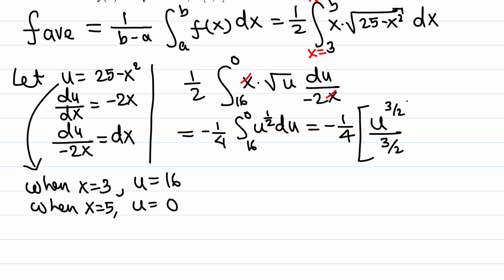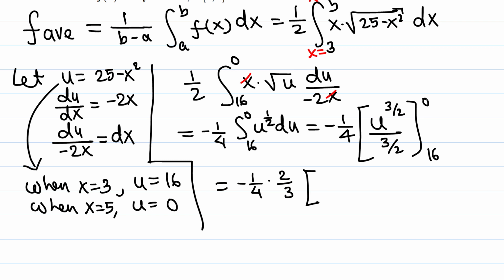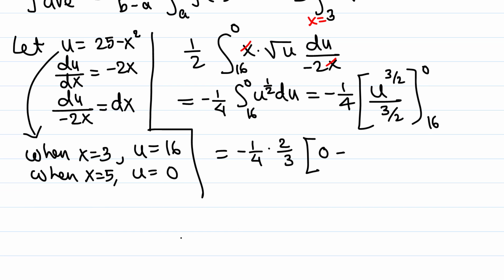Now we evaluate. In this case, we don't have to back substitute. From 16 to 0, that is negative 1/4, with 3 halves pulled to the front, 2/3. Upper limit 0 raised to 3 halves is 0, minus 16 raised to 3 halves, which is 4 cubed, so it will be 64.